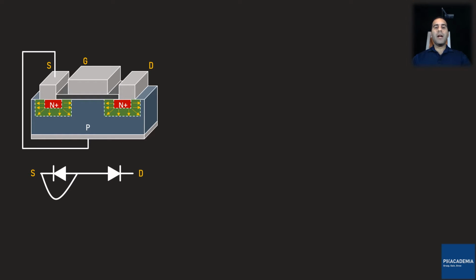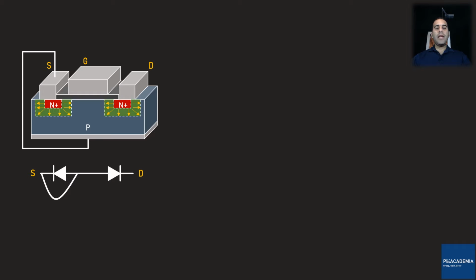So if I apply a positive voltage between drain and source, no current conductivity is observed. However, the other way, the MOSFET conducts. Note that this is the case when we are talking about the enhancement mode MOSFET. I'll explain what the enhancement mode means later in this lecture.